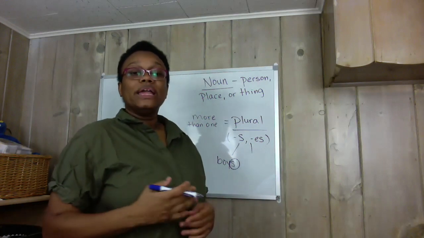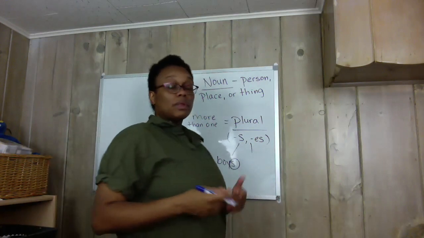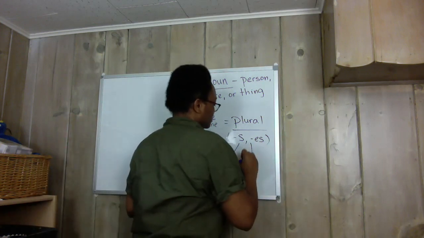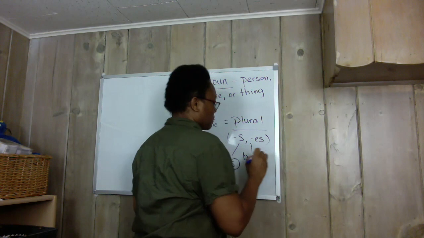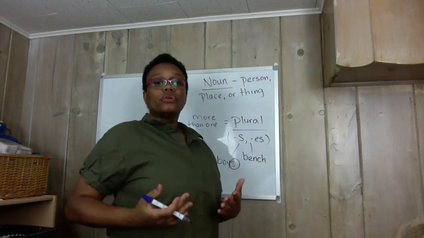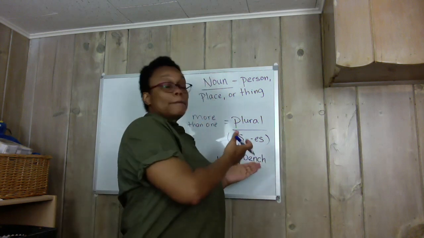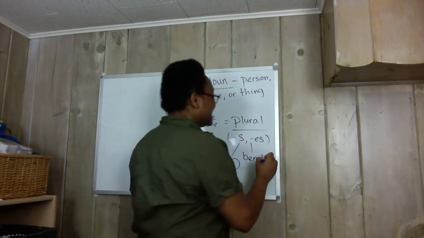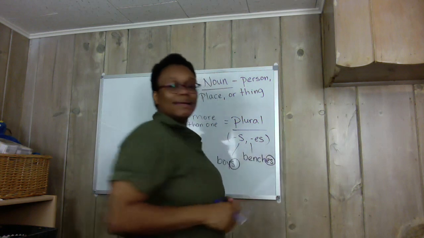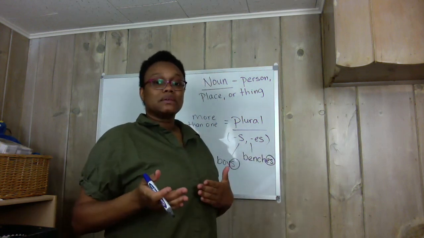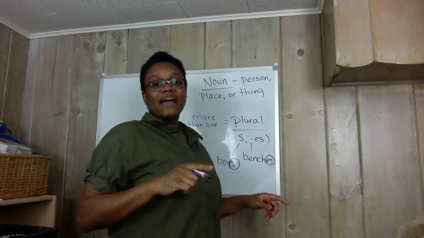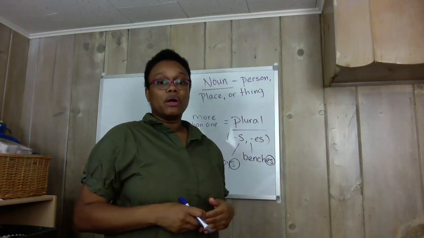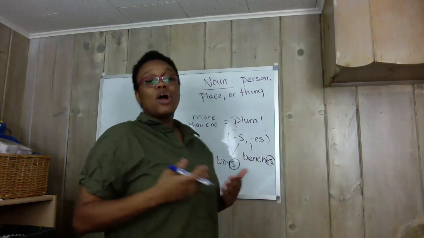Or if we have the word bench, somewhere that you sit. Now, in order for me to make this from singular to plural, I'm going to need to add an ES at the end. Benches. The ES tells me that it is more than one. There are several benches in the park. The boys are playing outside.